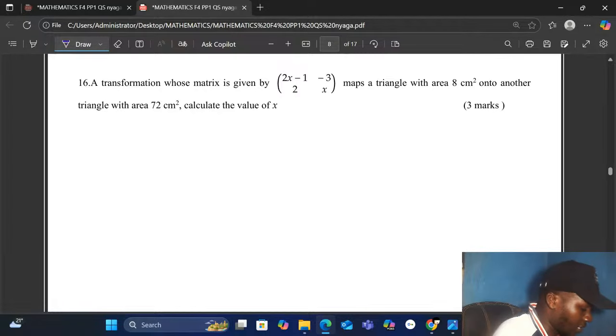Now you are supposed to calculate the value of x. You are now required to find the value of x.